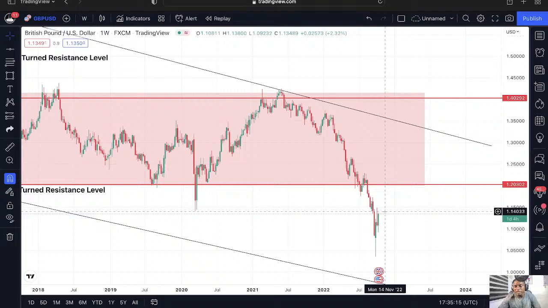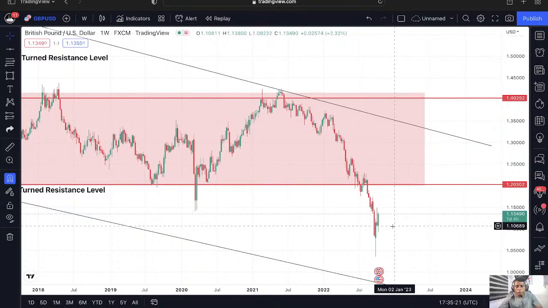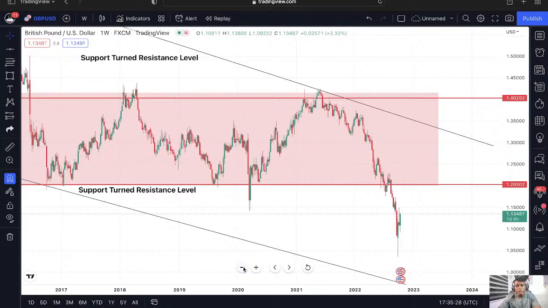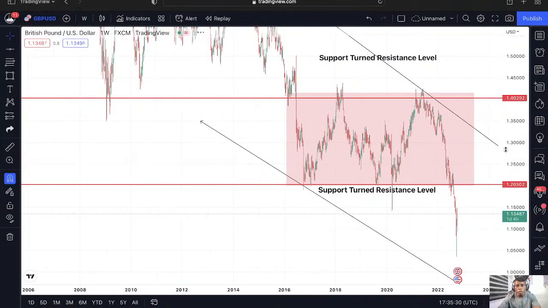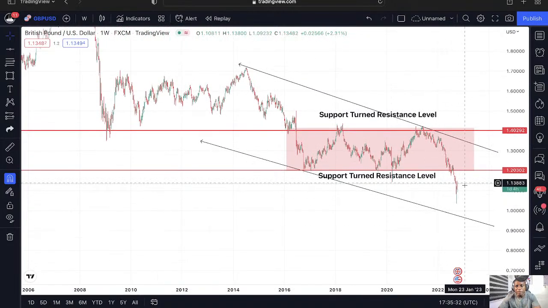Now, this support resistance level, this is it here. We are looking at what price would do next from here, because when we zoomed in, we saw that there had already been a breakout of this level.